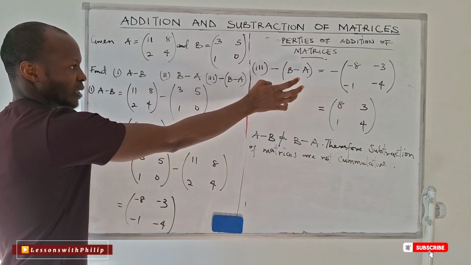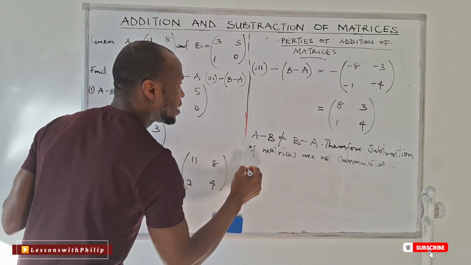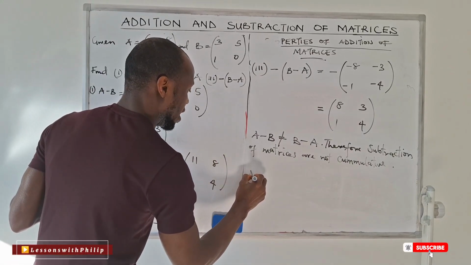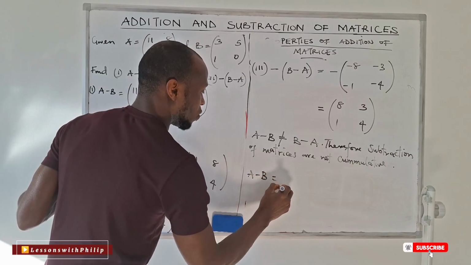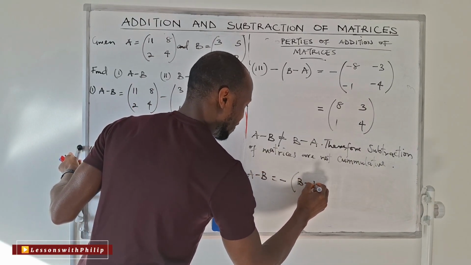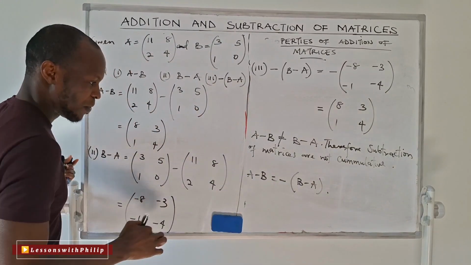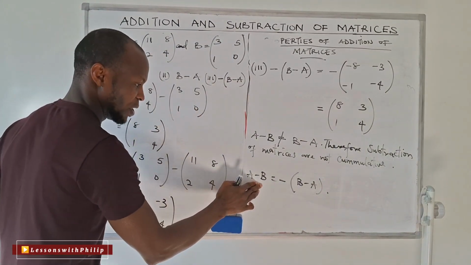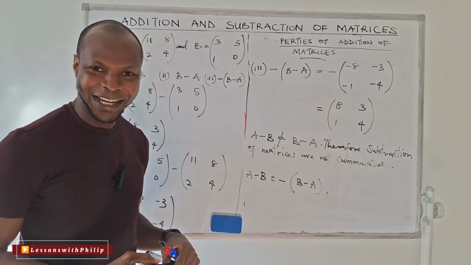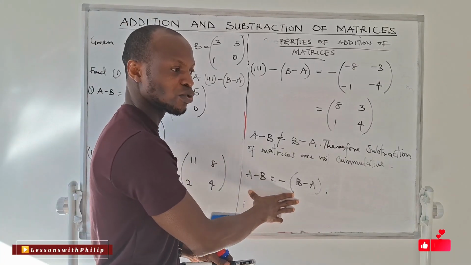You can now see that my A minus B equals minus B minus A. Can you see that my matrix A minus B equals minus into bracket B minus A? All right, that is what we have just been able to prove.